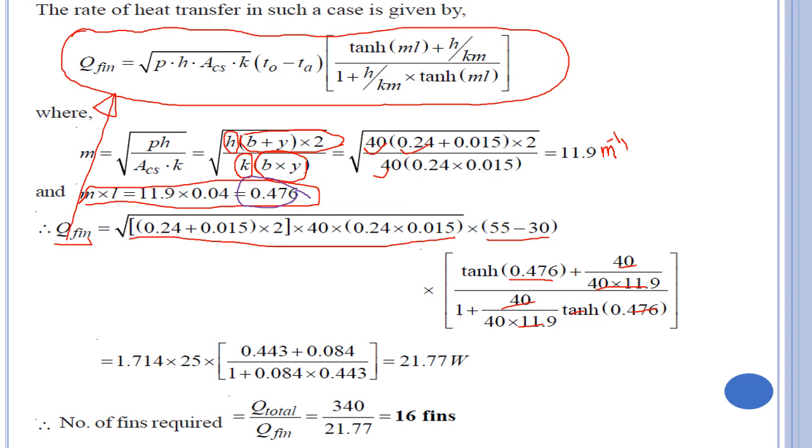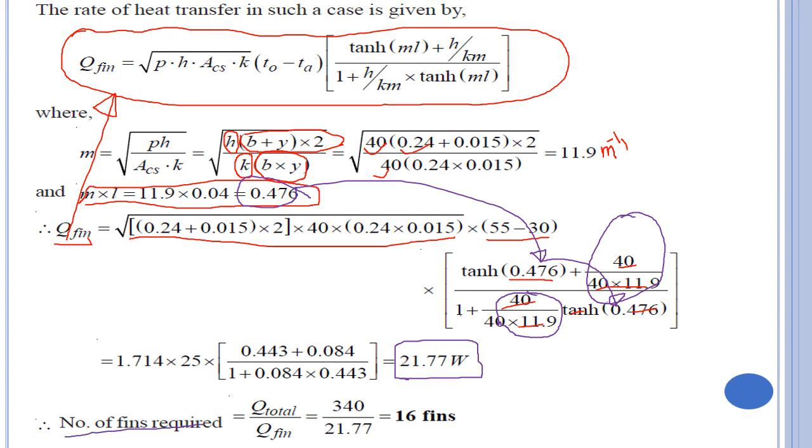This ml value 0.476 is placed here also, and here also. And h upon km, which is available here, same is available here also. And when we calculate, we will get the total heat transfer from the motor body as 21.77 watt.